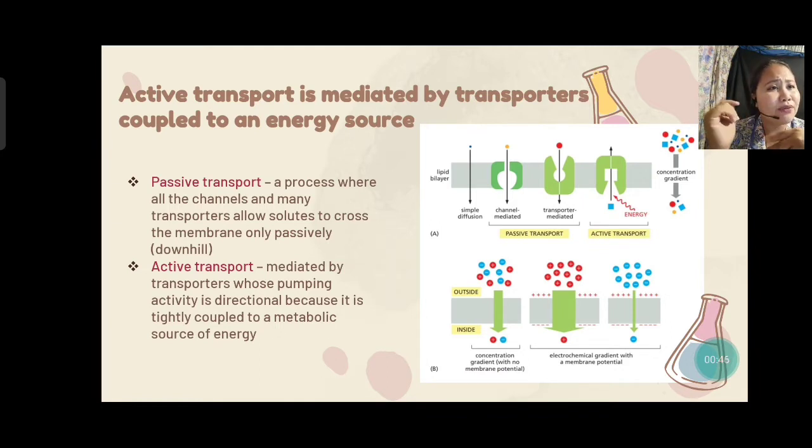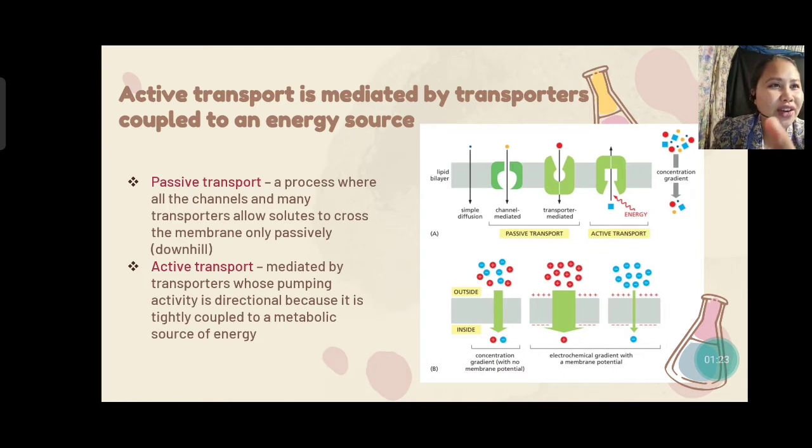While active transport is mediated by transporters whose pumping activity is directional because it is tightly coupled to a metabolic source of energy. So always remember that active transport is always coupled to a metabolic source of energy, so its way of transport is uphill, an upward motion. To attain that upward motion, we need that metabolic source of energy.